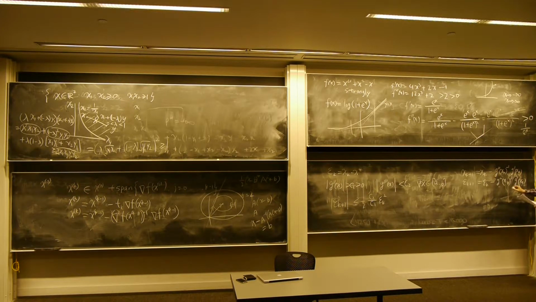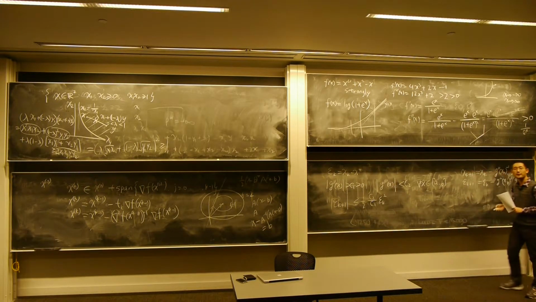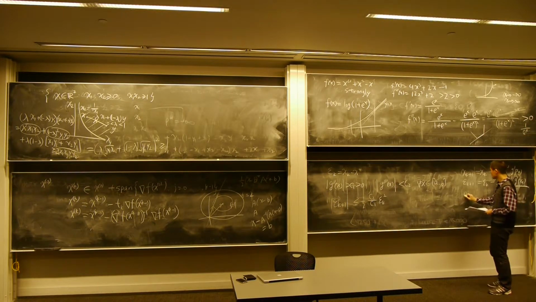Now what we do, we already have something about G double prime, but we don't have anything about G single prime. So we want to address this G single prime. What we know about G single prime is that the derivative of this function is 0 at the optimal point. So we know G prime x star is 0.